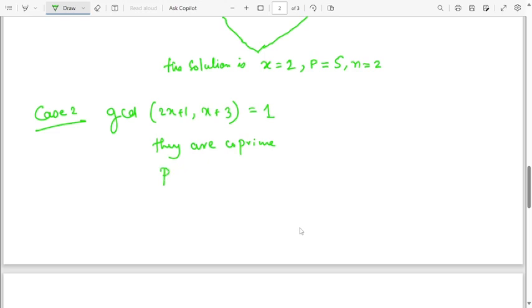That means p to the power a and p to the power b are co-prime also. They are both powers of p, but they are co-prime. So that means either p to the power a equal to 1 or p to the power b equal to 1.